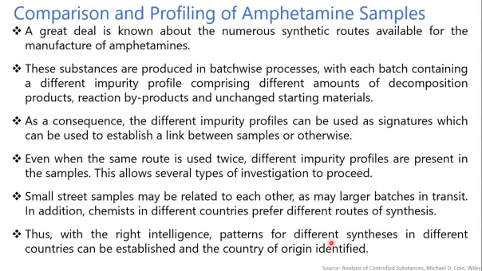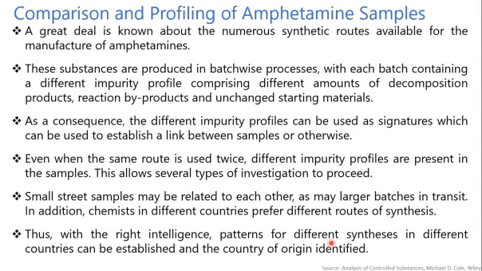Next is the comparison and profiling of amphetamine samples. A great deal is known about the numerous synthetic routes available for the manufacture of amphetamine. These substances are produced in batch-wise processes, with each batch containing a different impurity profile comprising different amounts of decomposition products, reaction byproducts, and unchanged starting material.